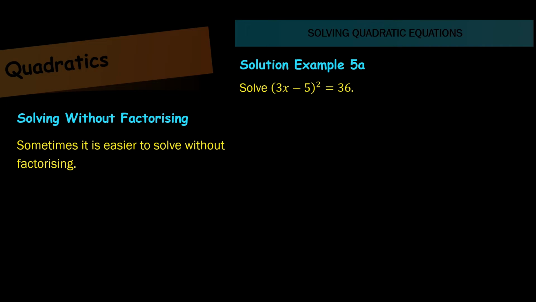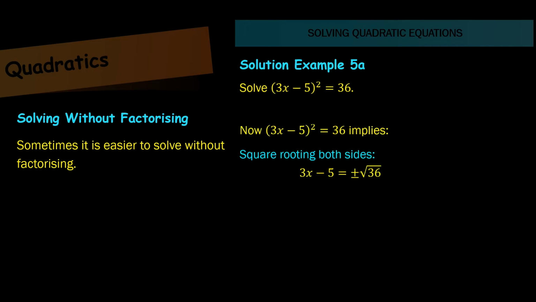Square rooting 3x minus 5 all squared simply gives us 3x minus 5, and square rooting 36 gives us plus or minus square root of 36, which gives us 3x minus 5 equals plus or minus 6. And of course this implies that 3x minus 5 equals 6, or 3x minus 5 equals minus 6.